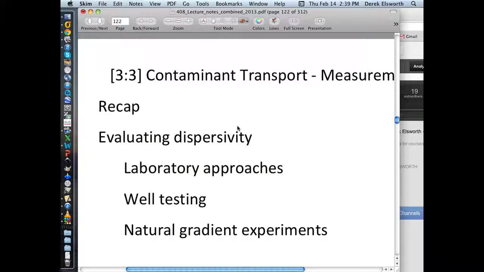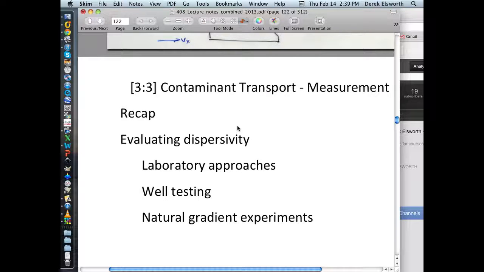So let's start this. We've talked about the mechanisms for transport. They are advection and dispersion. We've talked about how dispersion occurs, and it's due to two processes, right? It's due to molecular diffusion, which is significant if flow velocities are very small or zero, because then you see that as the major transport mechanism.